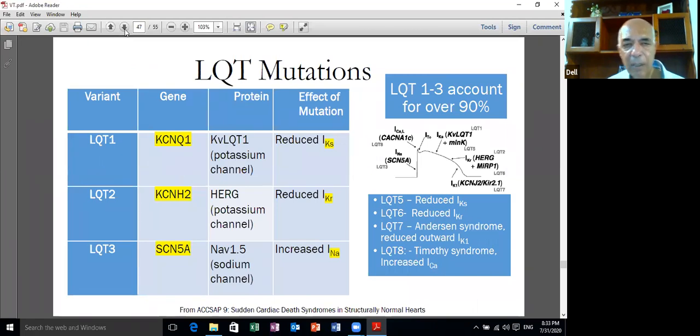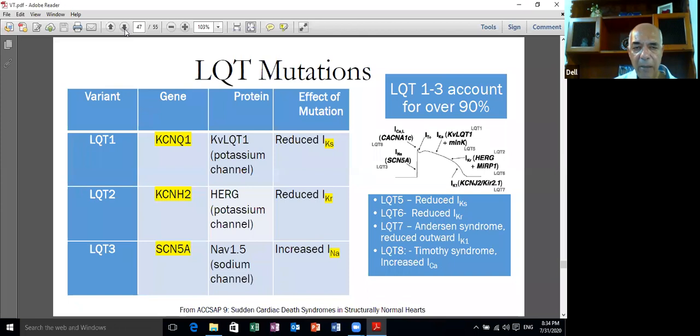Among the different long QT mutations, at least 17 are known now. Long QT1, long QT2, and long QT3 constitute 90% of them. Long QT1 is due to loss of function mutation of IKs, the slow component of the delayed rectifier potassium current.